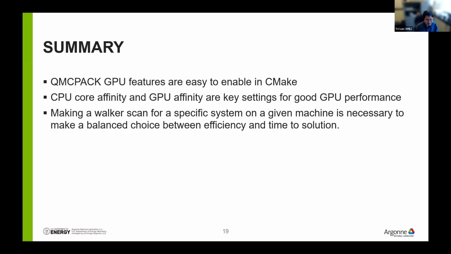How to select a good number of workers per rank? I would say most users should just try 1,000 to 2,000. That's a fairly good number. The reason is 1,000 is a ballpark match to roughly 10 times the number of GPU cores, or on NVIDIA what are called SMs.